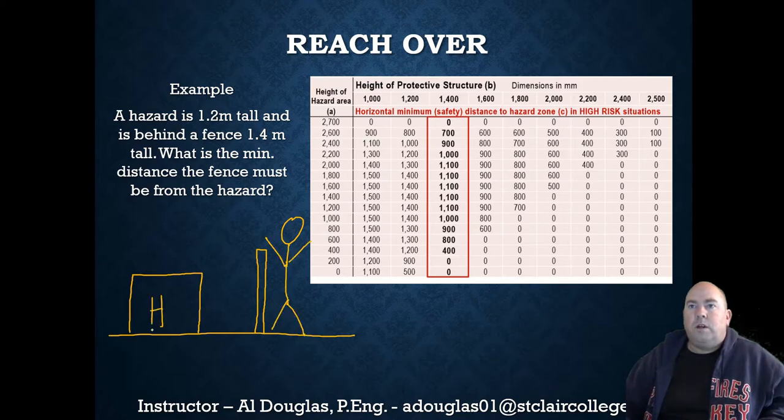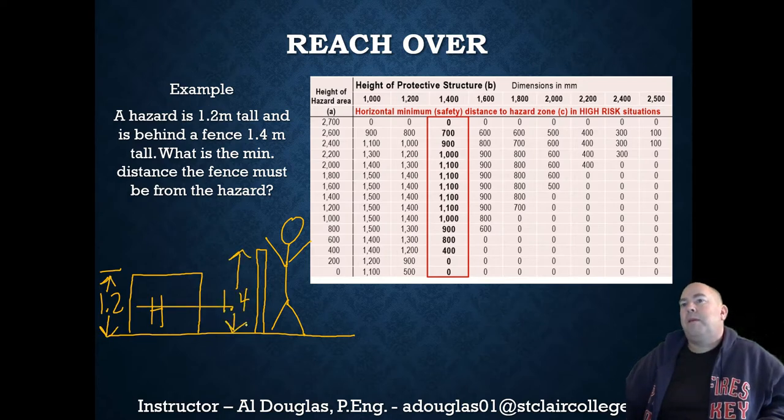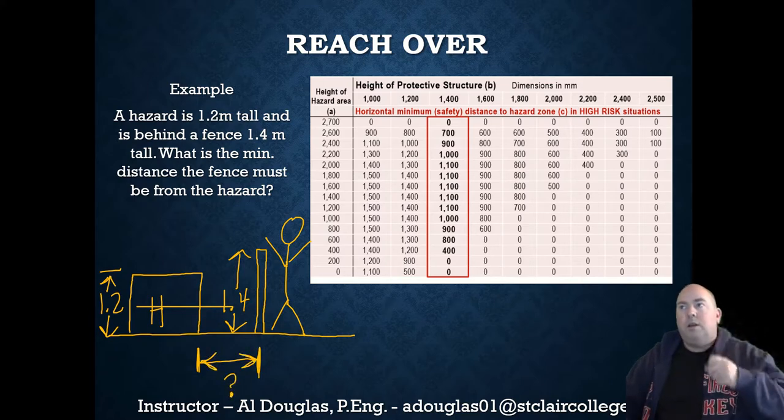This is our hazard, this is 1.2. This is 1.4. We want to find what this distance is that ensures that he cannot reach that hazard.